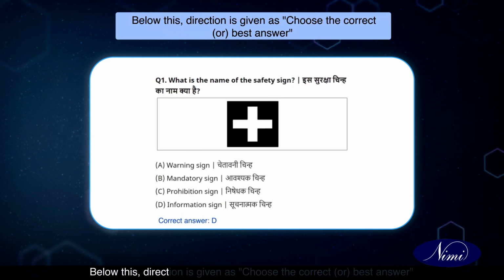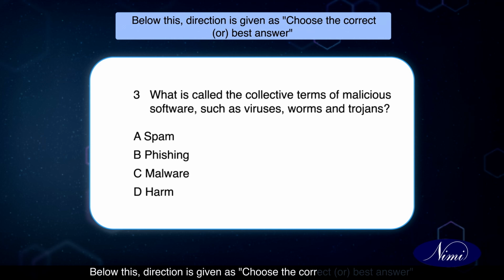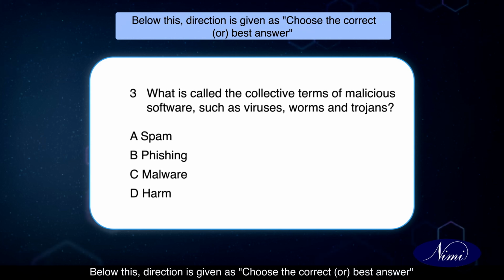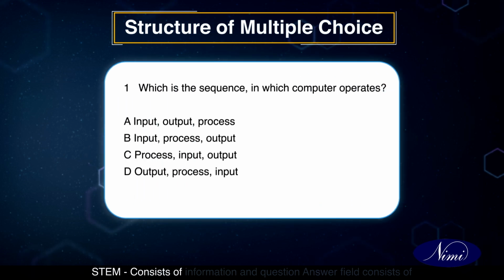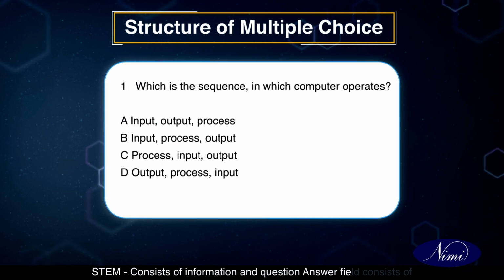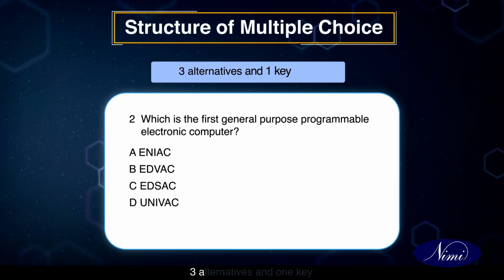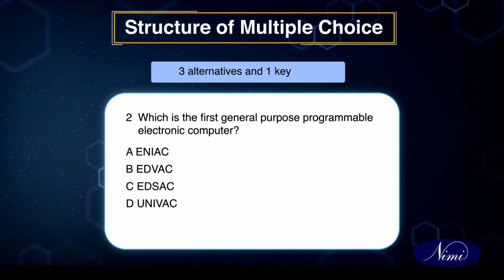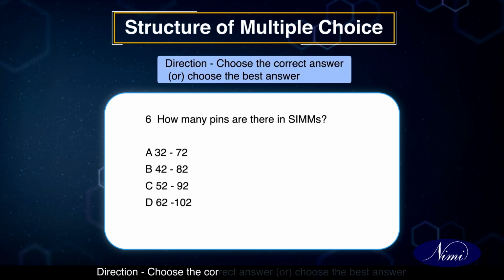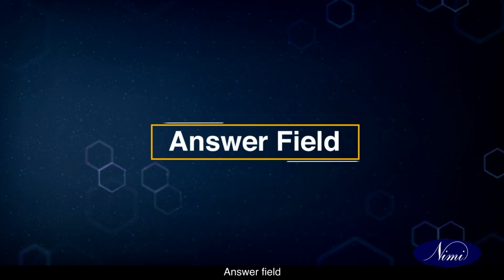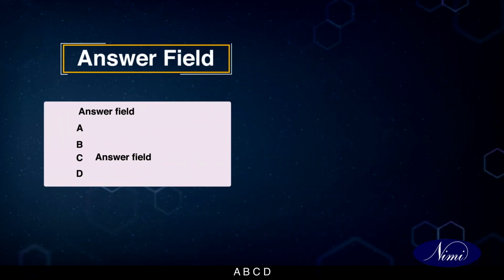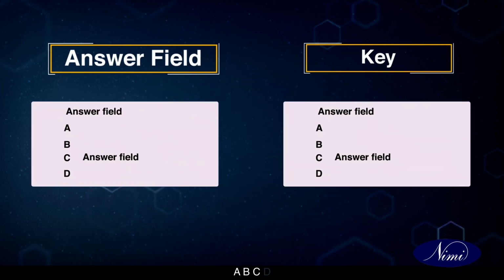Below this, direction is given as choose the correct or best answer. The stem consists of information and question. The answer field consists of 3 distractors and 1 key. Direction: choose the correct answer or choose the best answer. Answer field: A, B, C, D. Key: A, B, C, D.